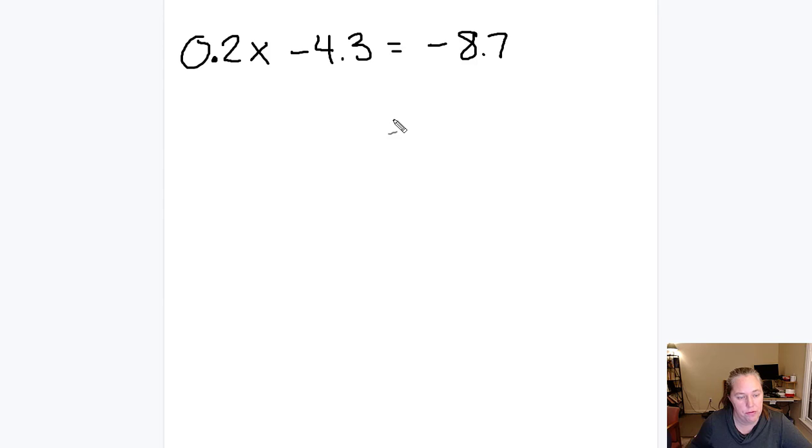Okay, so when we look at this equation, it has multiplication and it has adding a negative or subtraction. So we're going to start by adding the opposite. So we're going to add 4.3 to both sides.